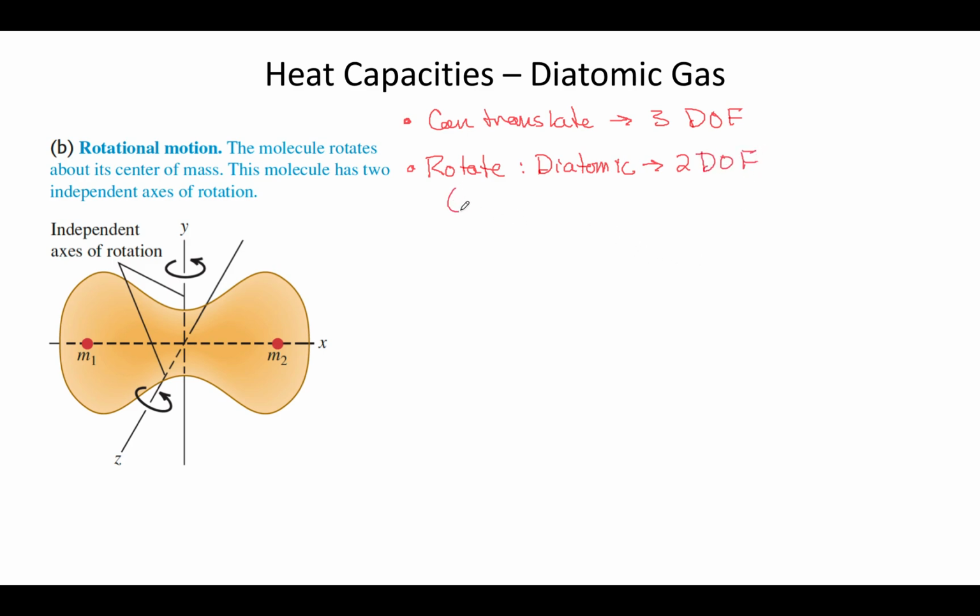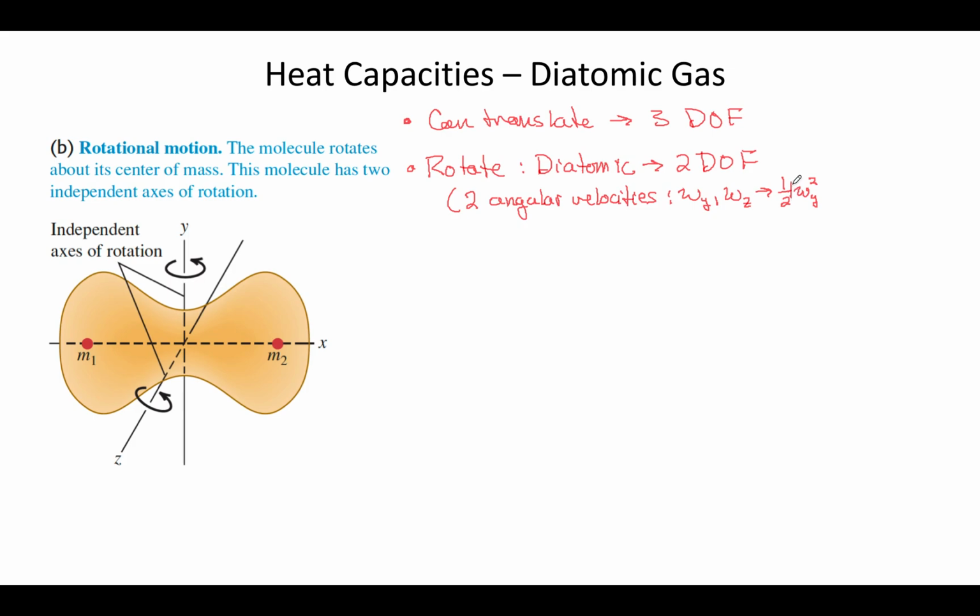Basically, 2 angular velocities, right? Because I said it was all about kinetic or potential energies. You have omega about the y-axis, you have omega about the z-axis shown here, which means you have rotational kinetic energies. 1/2 I omega_y squared.